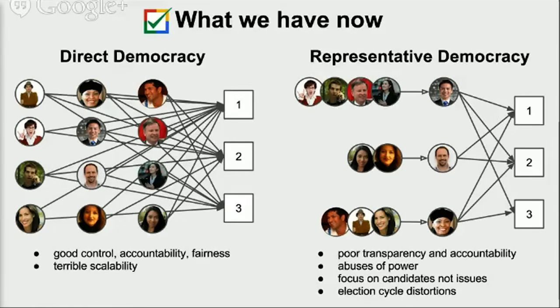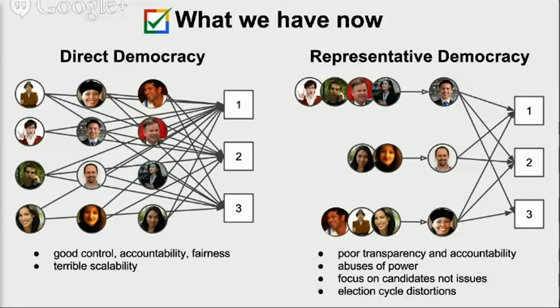Now this leads to a lot of problems, which is kind of the typical things people usually complain about politics, and that it's not transparent or accountable, and that you end up with this focus on the candidates. These people who become this focus of the representative, they have this extra power. People start caring about things like does your representative have good hair, and that matters, as opposed to focusing on the issues which do matter.